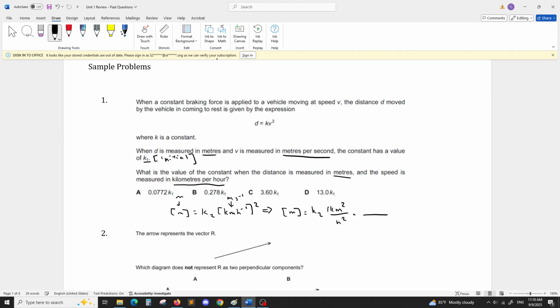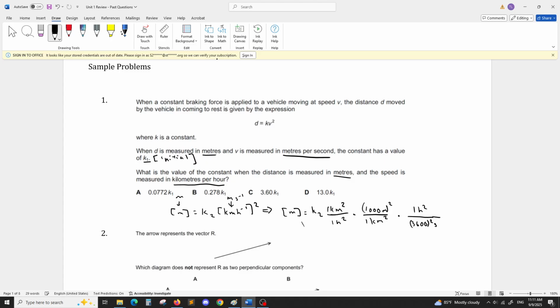We can just say these are 1, and then 1 kilometer squared is equal to 1,000 meters squared times 1 hour squared over 3,600 seconds squared. So just to reiterate, since these units are squared, these conversions are also squared.